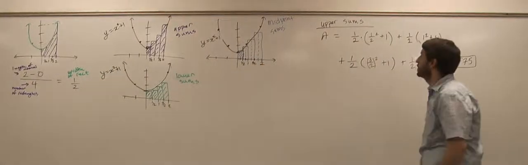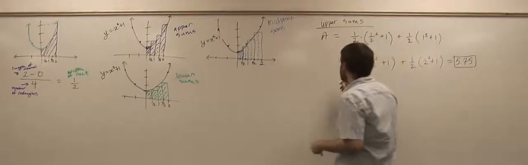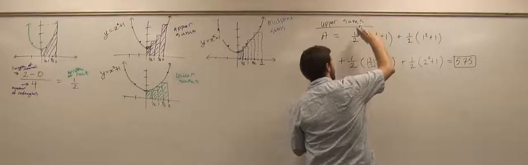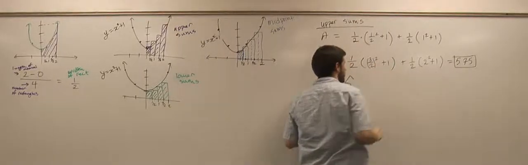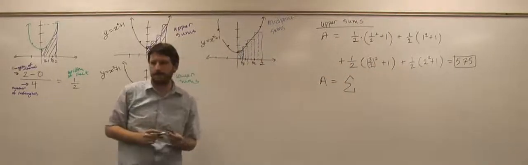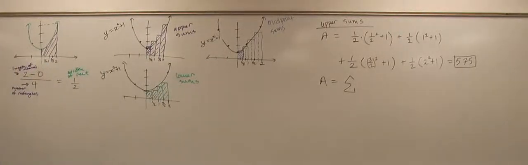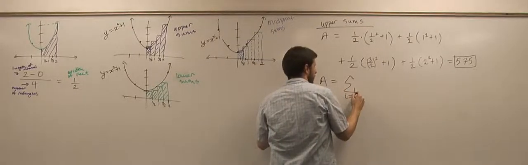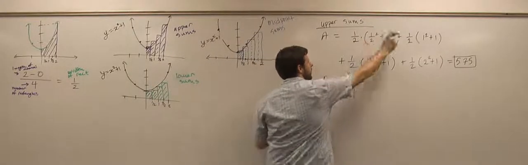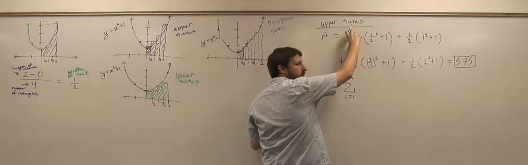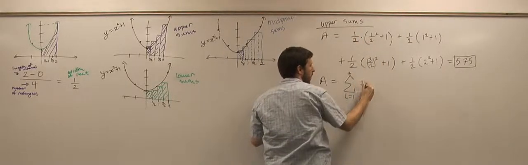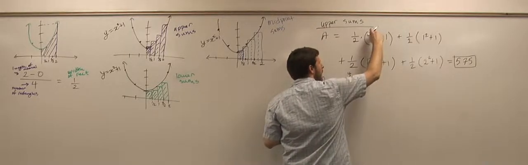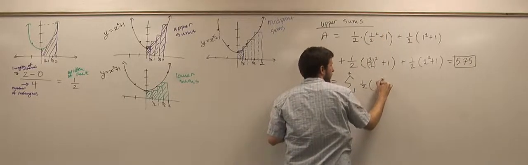So that's with upper sums. By the way, if I wanted to write this sum, this plus this plus this plus this, in sigma notation, what would it be? i equals 1 to 4, because you have 4 terms. And then just look for the pattern. Each one of them has 1/2. Now, should I do i squared plus 1?